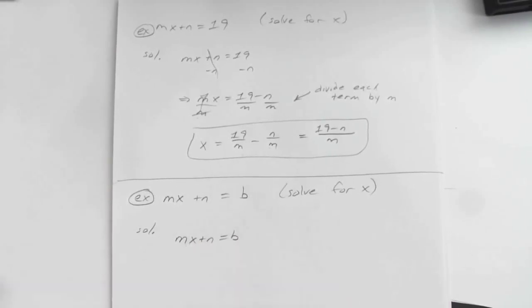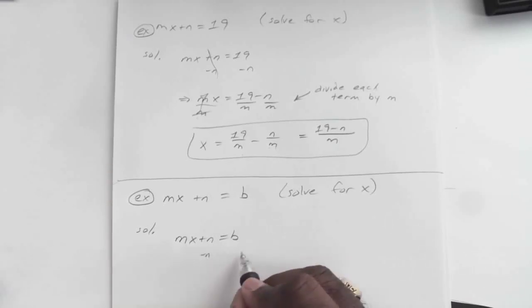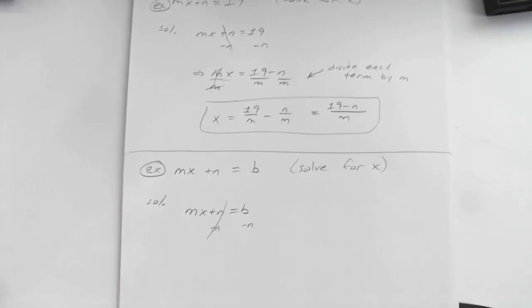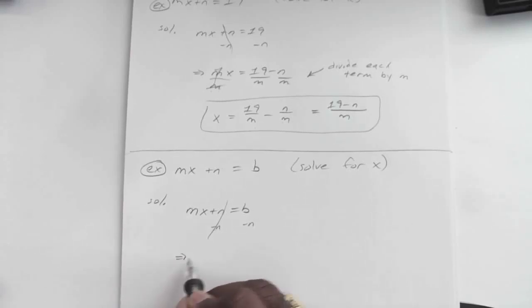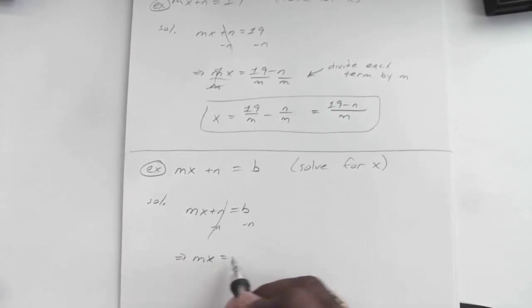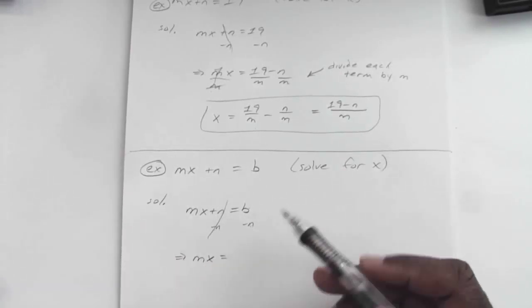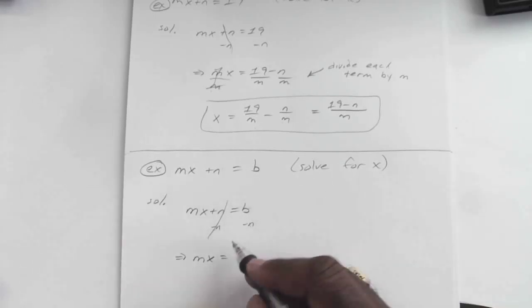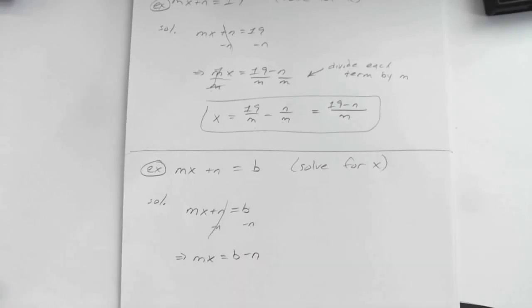We want to get our x term by itself, so we subtract n from both sides. n minus n, those two will cancel each other out. So you have m times x equals b minus n. Since you have two different variables, we don't know if they're equal or not, so we just leave them as b minus n.